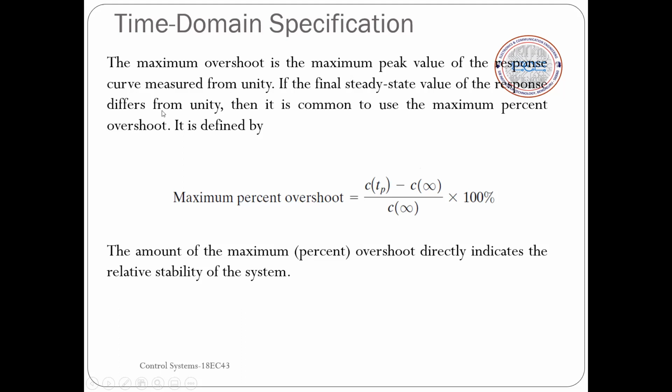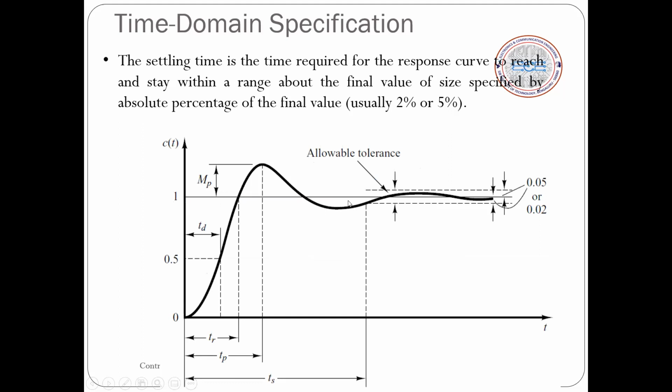Sometimes the final steady state value of the response differs from unity, so I cannot take the overshoot calculation from the unity level. So we always give the overshoot in percentage.